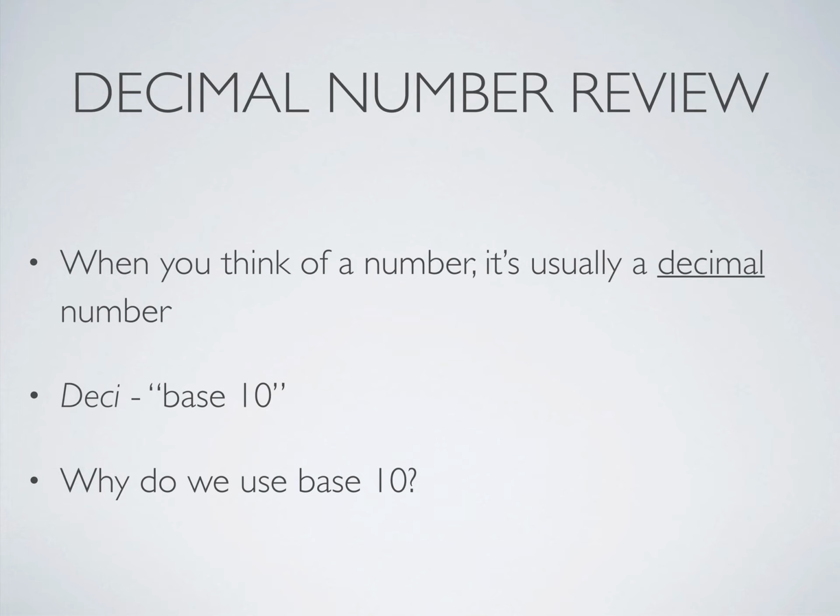If we had 8 fingers, we would be using base 8 with our numbers. If we had 5 fingers, we'd be using base 5, and so on. So really, the only reason we represent and write down numbers the way that we do is because we have 10 fingers, and it's very convenient for us to use base 10 numbers.